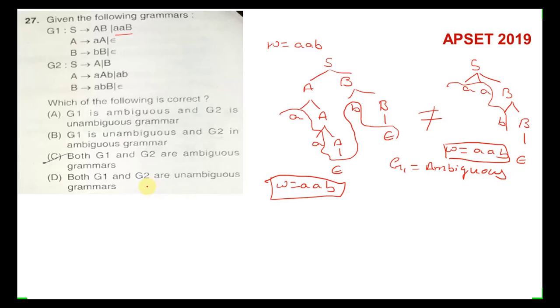The G2 grammar contains S tends A, S tends B, A tends AB, A tends AB, B tends ABB, and B tends epsilon. And for this grammar I am taking the string W equal to AB. So I am expanding this one by using the parse tree mechanism.